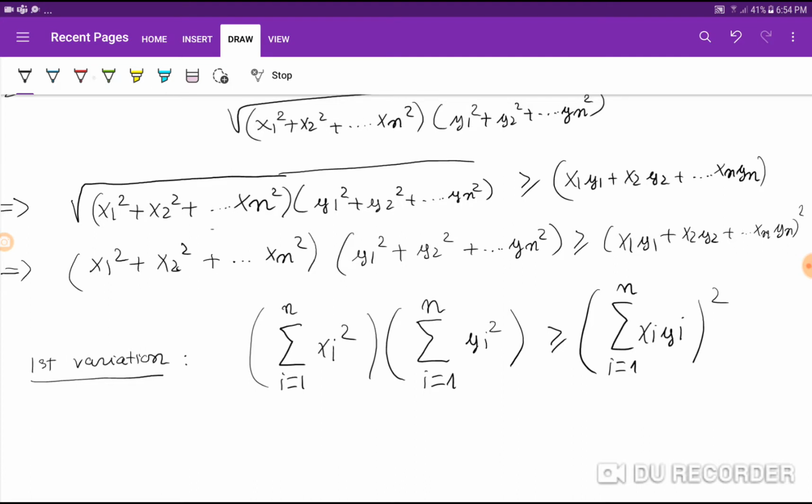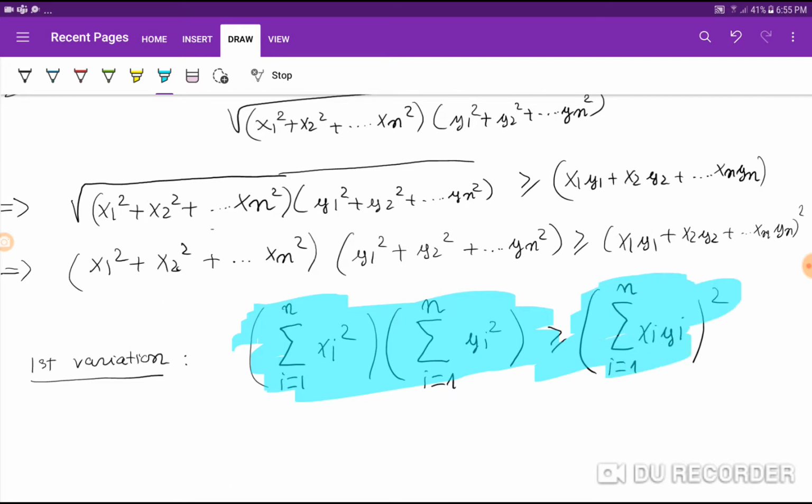Okay, this is the first notation they write because they cannot keep saying x1 squared plus x2 squared all the way to xn squared, which makes them tired and their tongue run out of water and get dry, and that's why they write it like that. Okay, this is the first variation.